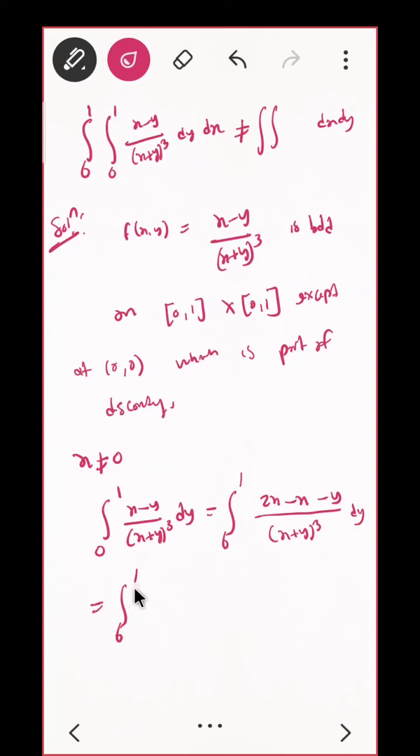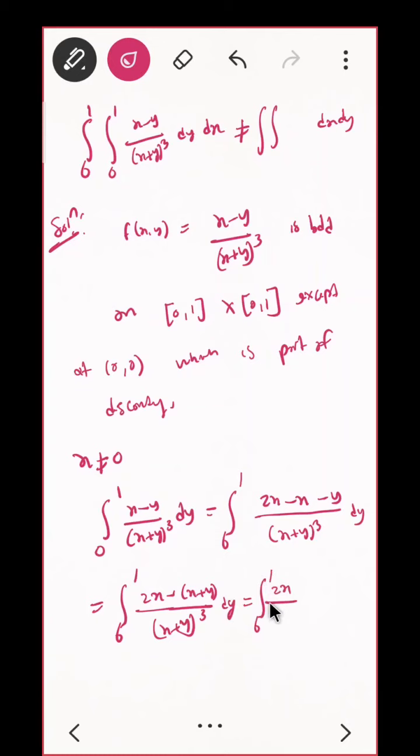0 to 1. This will become 2x, take minus outside, that is x plus y upon x plus y the whole cube, dy. Let us solve this. This is 0 to 1. What will be the first term?